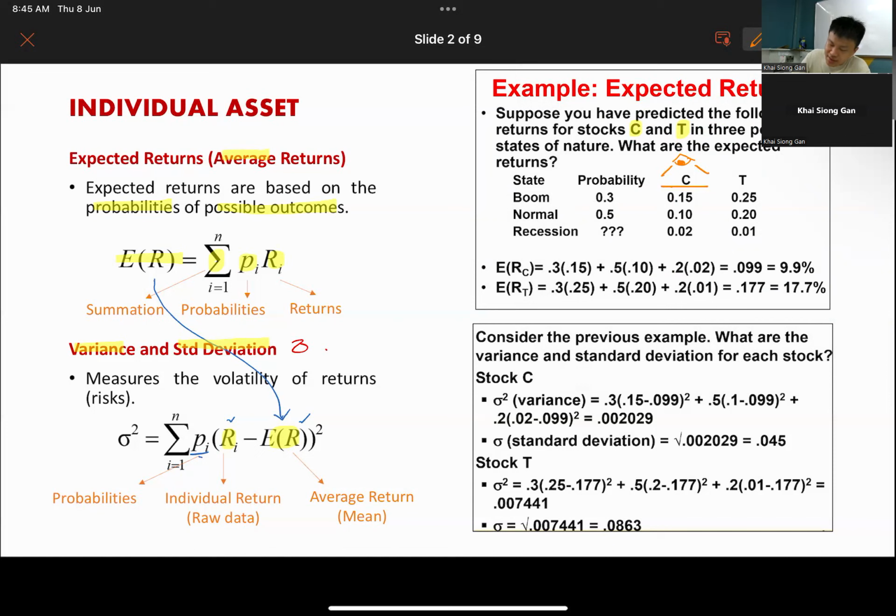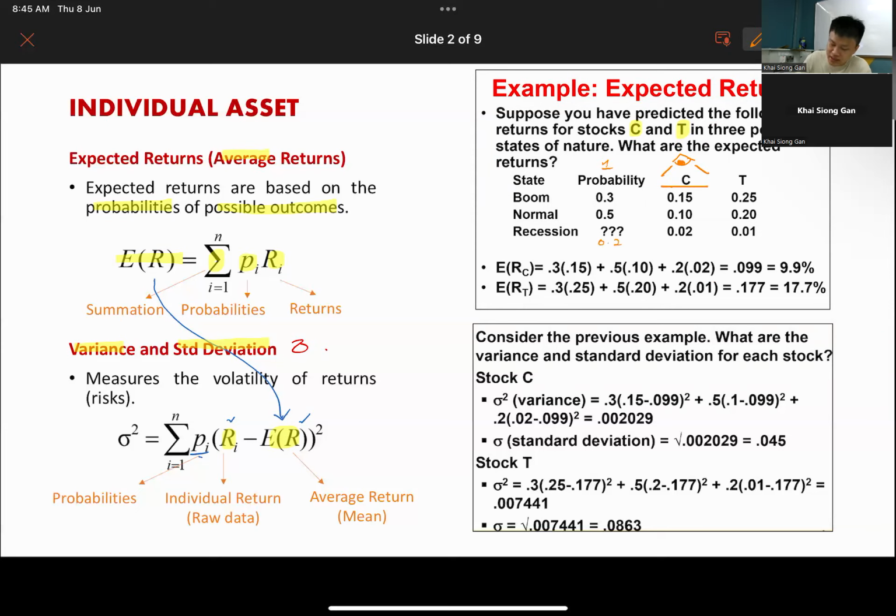So for stock C, there is a probability of 30% that it will have the boom state with this return, and 50% with the probability of having the normal state with that return. And what about the rest? The full probability is 1, so 1 minus 0.3 minus 0.5, the rest is 0.2.